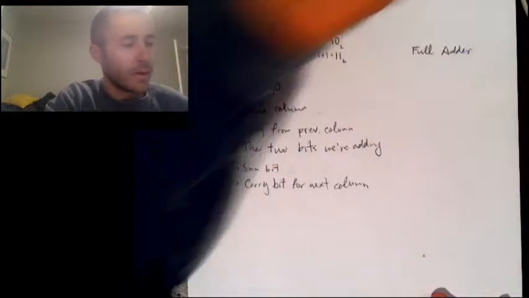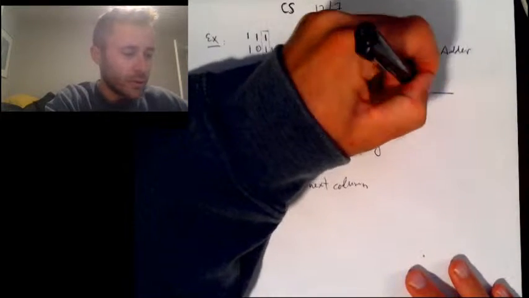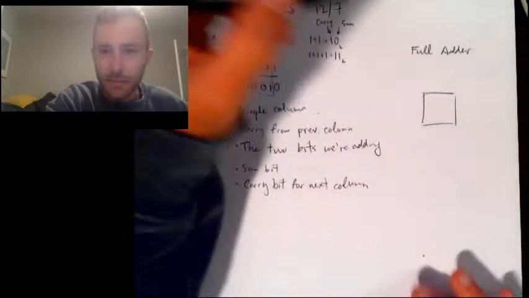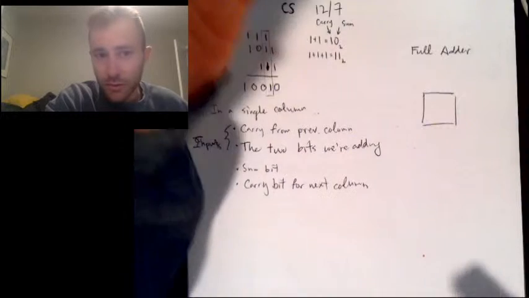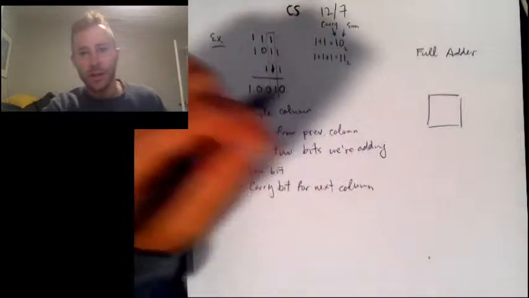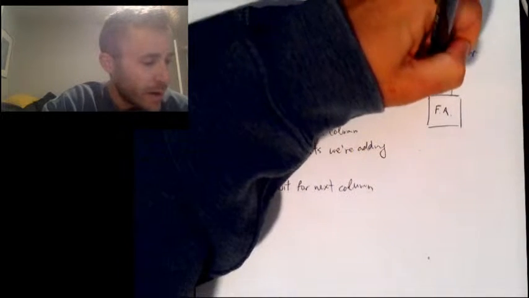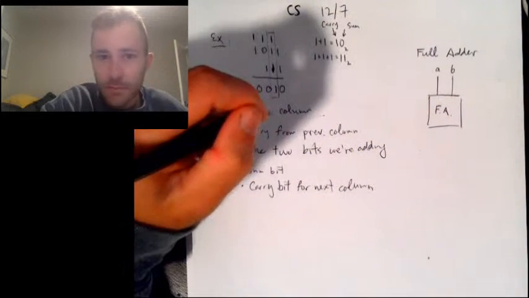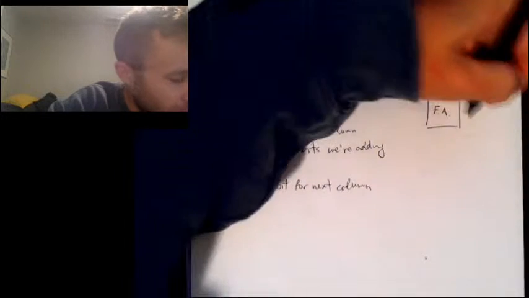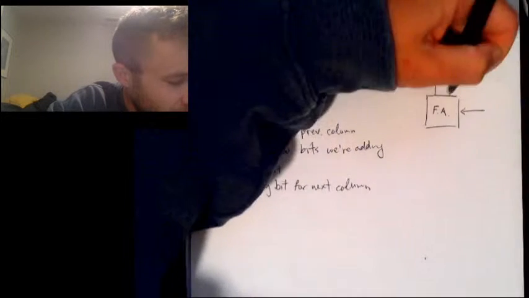So what does a full adder do? It's a block. I'm going to show you the internal structure of a full adder in terms of logic gates in just a second. A full adder takes in two bits, A and B. It has a carry in.